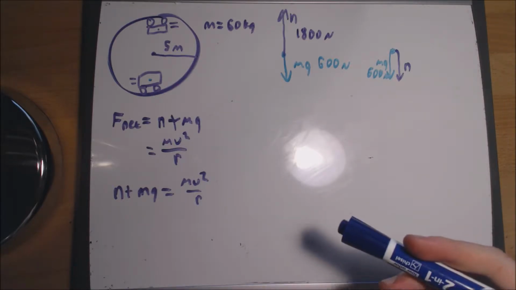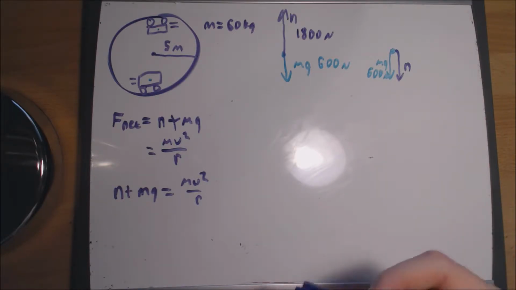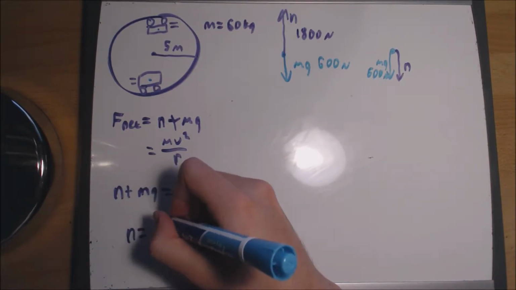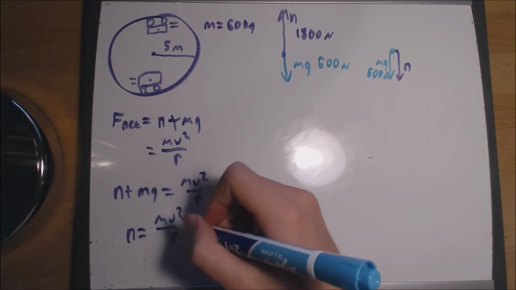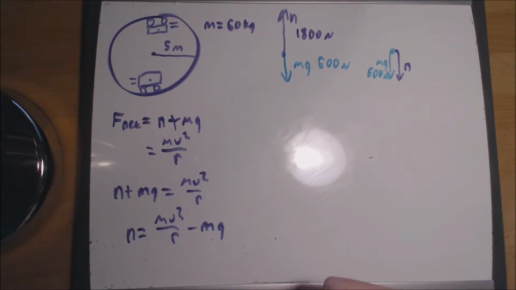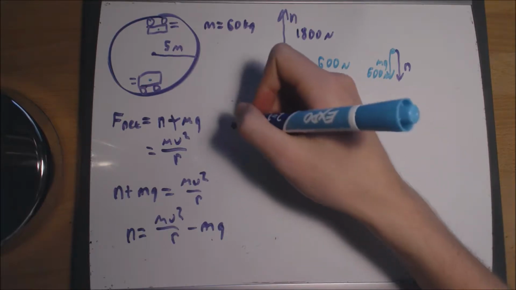How does his normal force compare to his mg, which is his actual weight? So we're going to solve this for N. So N is going to be mv squared over r minus mg. And then we can just plug in our numbers and solve.